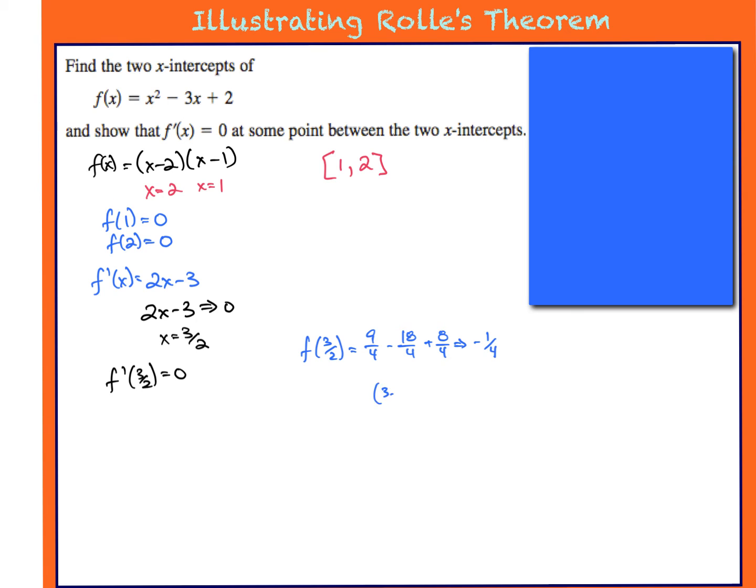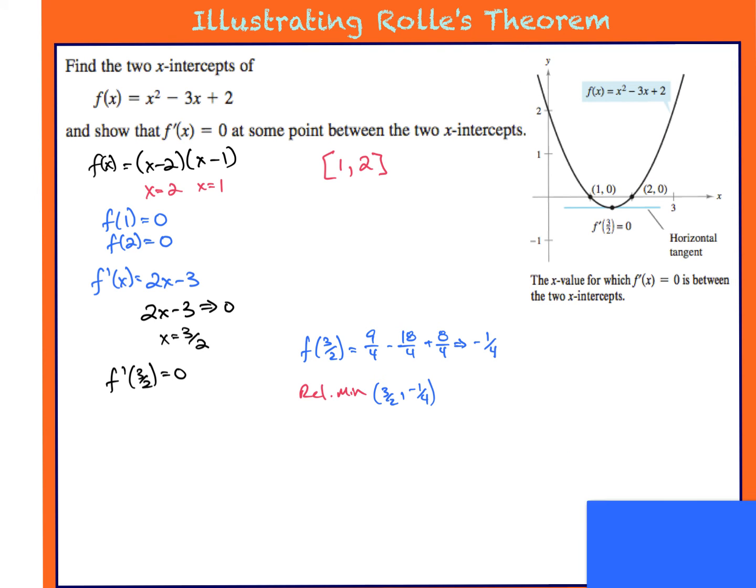So what is happening at 3/2, negative 1/4? I do have a slope of 0. That's true. But I have more than that. I have a horizontal tangent. True that. But what's really happening? What did I just get there? A relative minimum. I had a relative minimum. All right. And honestly, that was an absolute minimum as well. All right. Pretty good? All right.